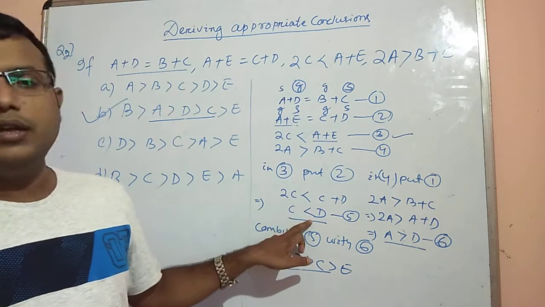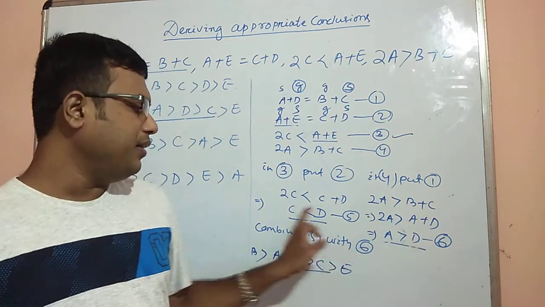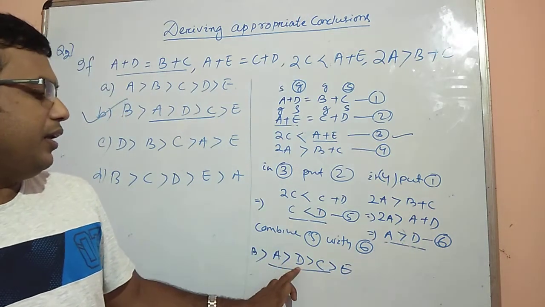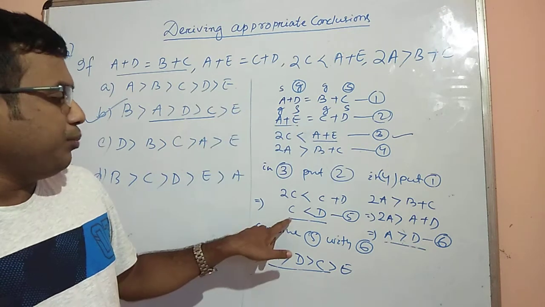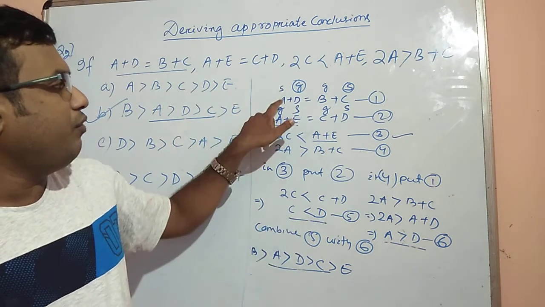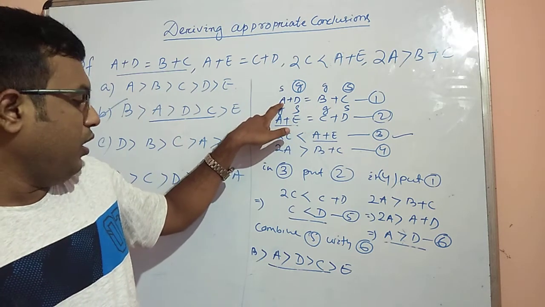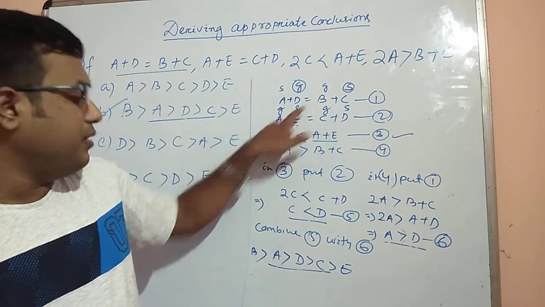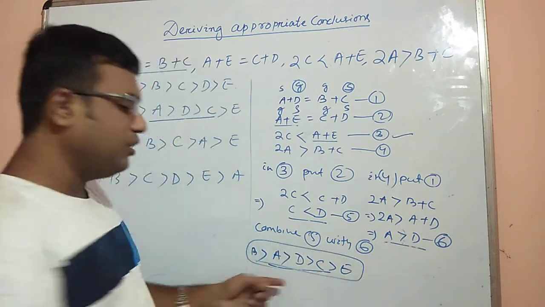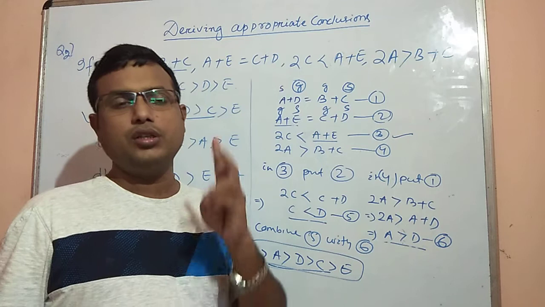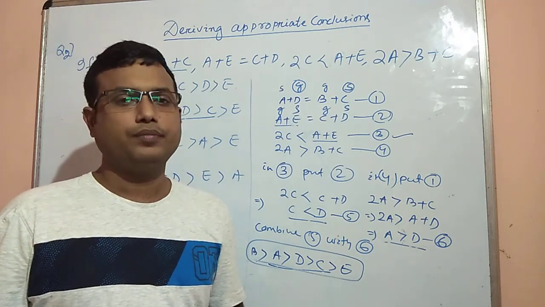That means C less than D. Similarly, we find A greater than D, and combining this, A greater than D greater than C. Then applying the logic again, we find A is less than B, B is greater than D. So finally we find this series. So this is your correct answer, this is your 100% true conclusion. Okay.